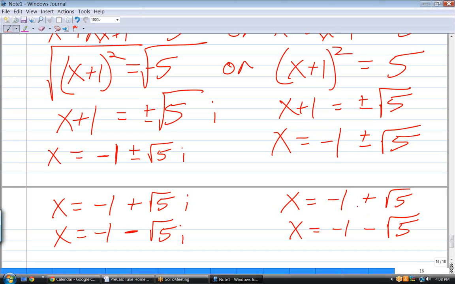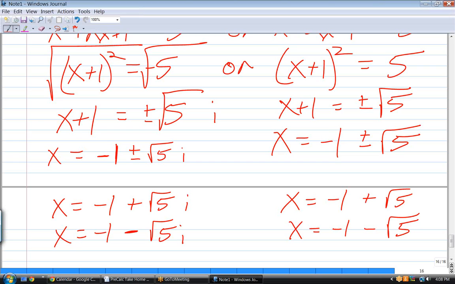Both of the answers on the right are real numbers. You only have 2 types. You have real numbers and you have complex numbers. If there's no imaginary part to it, then it's a real number. If there's an imaginary part to it, it is a complex number. Right. So here you have 2 complex answers, and over here you have 2 real answers. There are 4 answers to this problem.